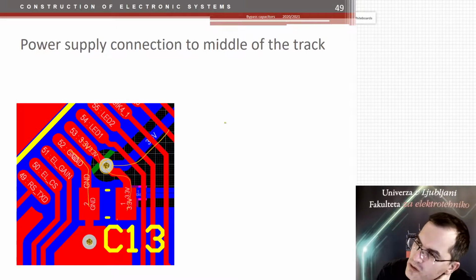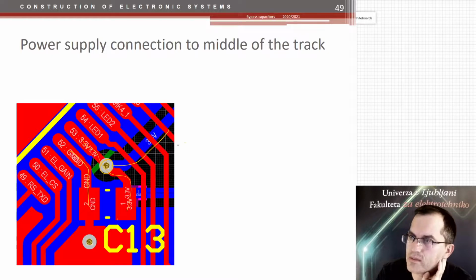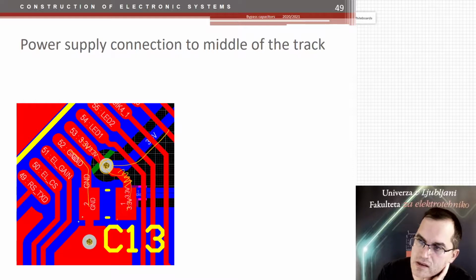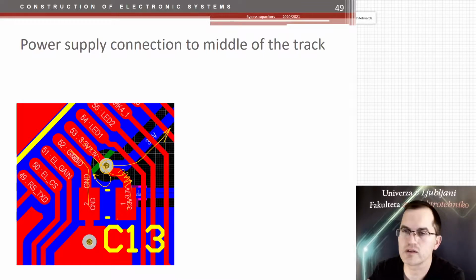But more importantly also, the power is taken to it here at the middle of this connection. Why is that a problem? The same as before, actually. This part of the inductance here then is connected in series with the power supply, and that's also a cause of the noise going further to the rest of the circuit via the 3.3 volt power supply.